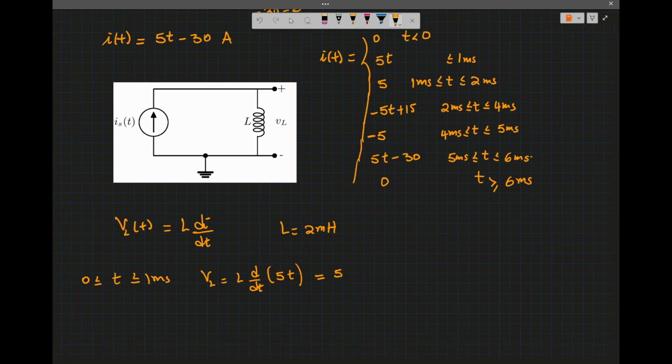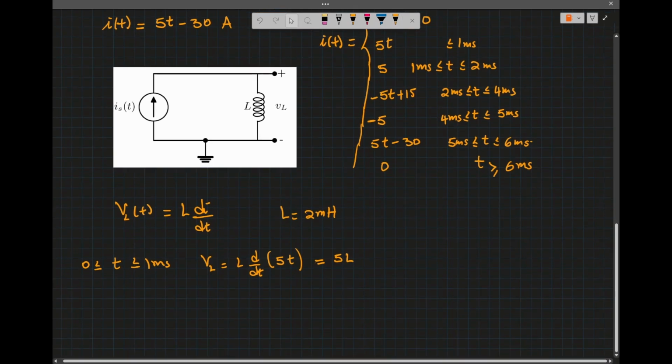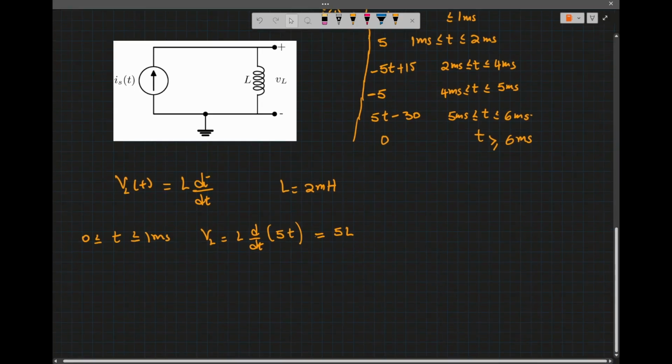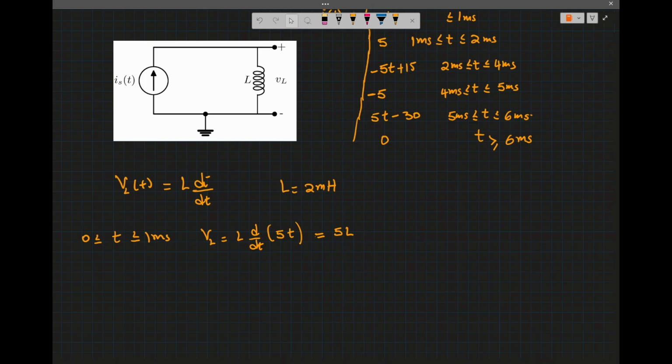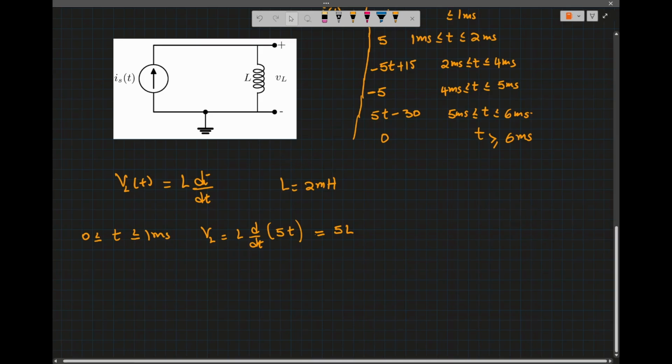When I differentiate 5t, I get 5, so I am going to get 5L. That will be the voltage across the inductor.